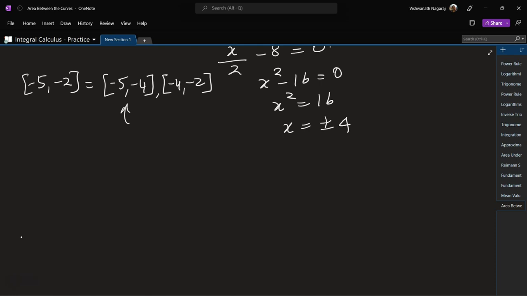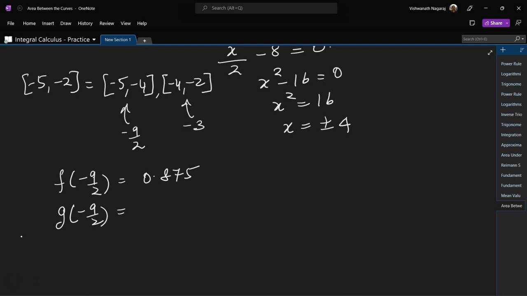So here let us take minus 9 by 2, that is 4.5. And here let us take minus 3. So f of minus 9 by 2 is equal to 0.875 and g of minus 9 by 2 is equal to minus 1.25. So here this is higher.